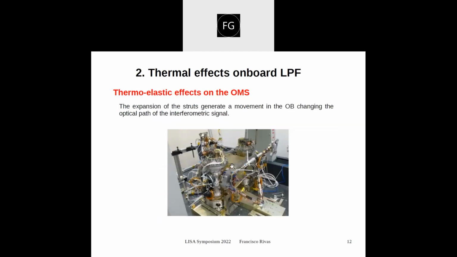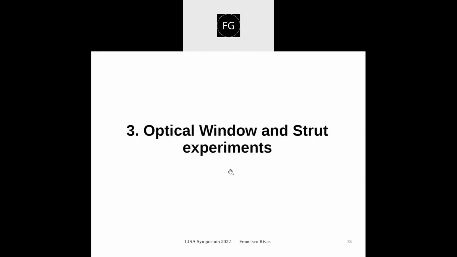On the other hand, we have thermo-elastic effects that occur when we have thermal disturbances in the struts, this component that are the support between the LISA technology package, the main scientific instrument in LISA Pathfinder, and the LISA Core chamber. These thermal disturbances cause elongation of these supports, which in turn cause the optical path length to change.